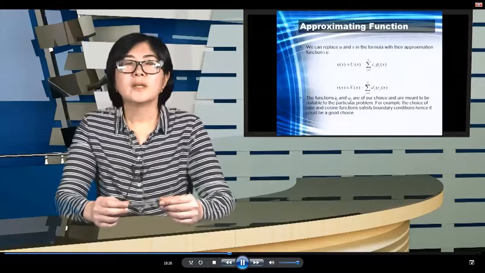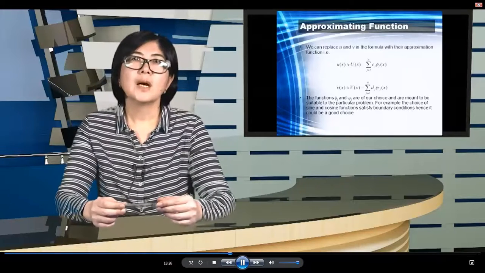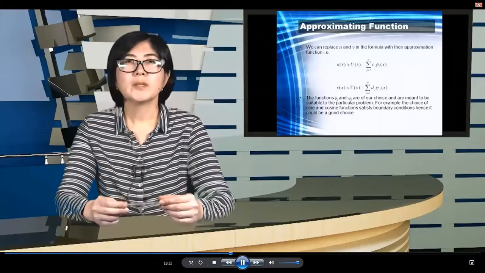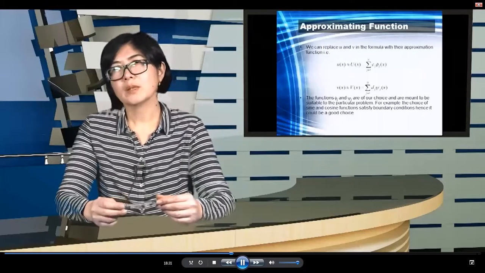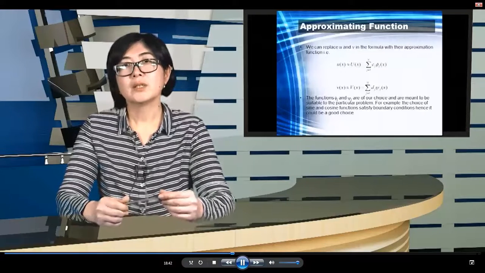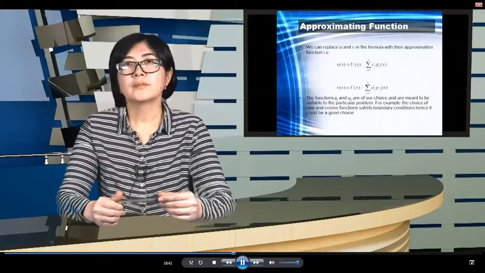The functions phi and xi are of our choice and are meant to be suitable to the particular problem. For example, the choice of sine and cosine functions satisfying boundary conditions could be a good choice.